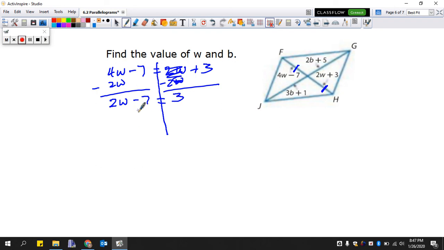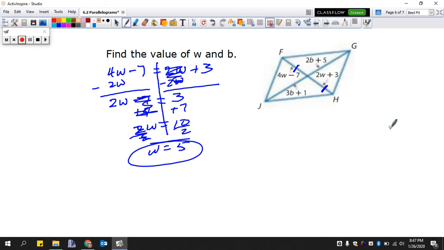Add 7. 2W is equal to 10, divided by 2. W is equal to 5.